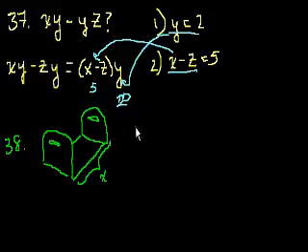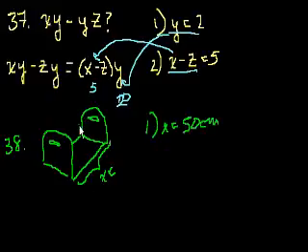So essentially, I'm going to put the first 10 in there. The first statement says that x is equal to 50 centimeters. Well, that doesn't help me because I don't know how big the first 10 volumes are. If the first 10 are less than 5 centimeters each, or on average less than 5 centimeters, then maybe I could fit them. But one by itself doesn't help me.